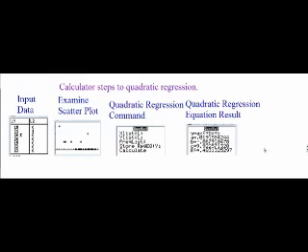The result of that quadratic regression gives us an equation in the form of a quadratic, ax squared plus bx plus c, with the appropriate values for a, b, and c. All of this information has been stored in our calculator screen for Y2, where we can use that equation result to do predicting.